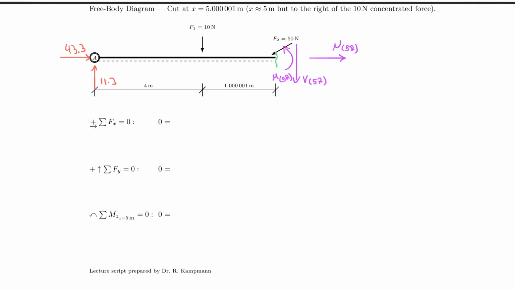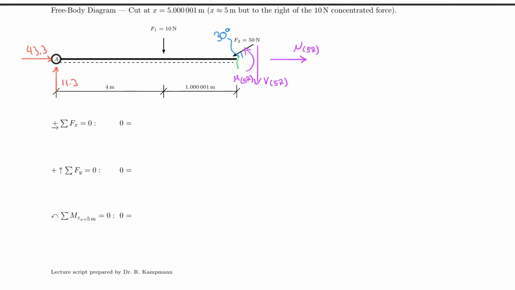Let me remind you that that angle actually was 30 degrees, right? So we had an angle alpha here that was 30 degrees. So 30 degrees, we will need that in our equation later on. In fact, we need it in our first equation. So let's go ahead and write out the equation for the normal force.